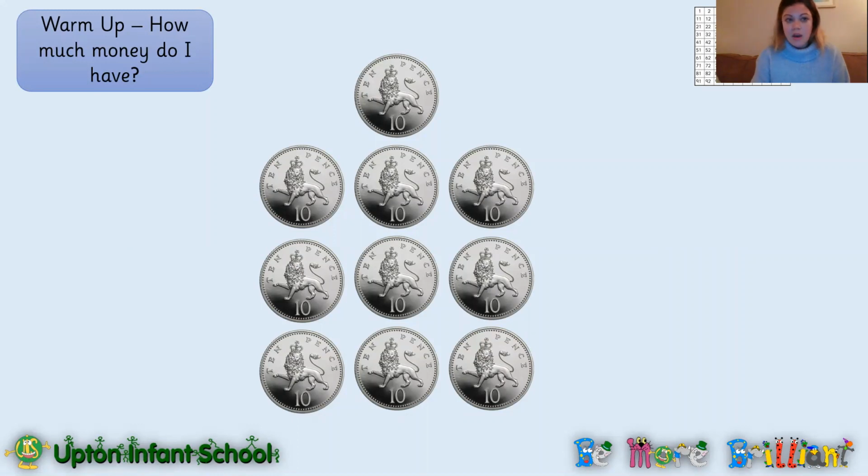Okay, so let's start with our warm-up of how much money do I have. So here are some 10 pence pieces, and we are going to count them in tens. So we're going to use those same skills we've been using at the start of the week. And if you do want to use your 100 square to help you count in tens, then that's absolutely fine.